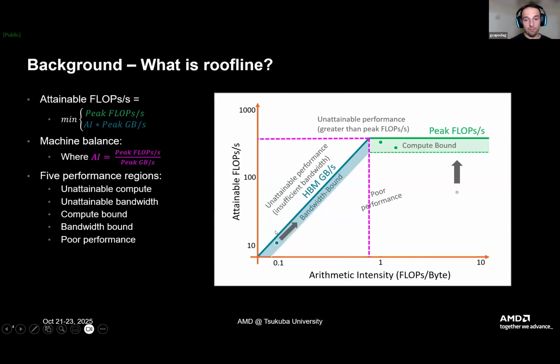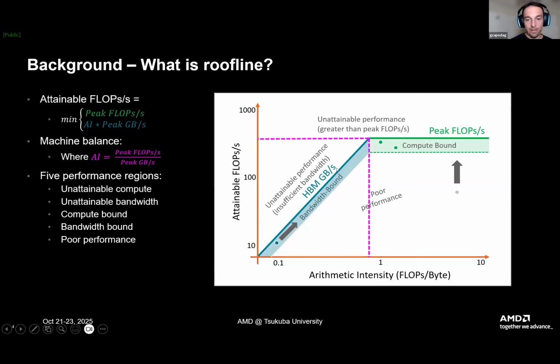This one is the bandwidth bound, and the horizontal one is the compute bound. Your kernel's data point will live somewhere below these two roof lines, and anything above that is not attainable.